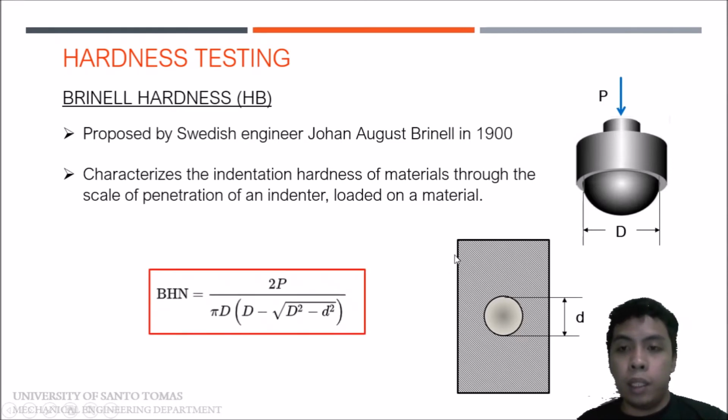So, for the equation in solving the BHN or the Brinell hardness number, BHN is equal to 2P all over pi big D, quantity big D minus square root of big D squared minus small d squared. So, yung P natin will be the force exerted to the piece metal.